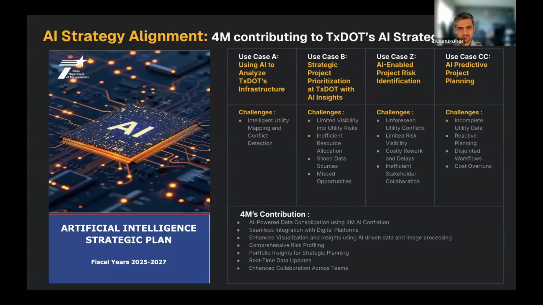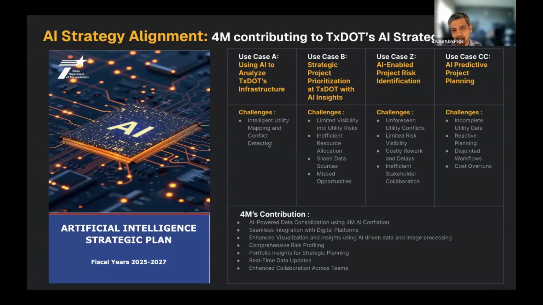So that was the product demonstration. In terms of where the industry is going, there's a lot of thought leadership coming from DOTs. Here's an example where TxDOT has put out their artificial intelligence strategic plan, starting this year, where 2025 is almost ending now, but going into 2026 and 2027.